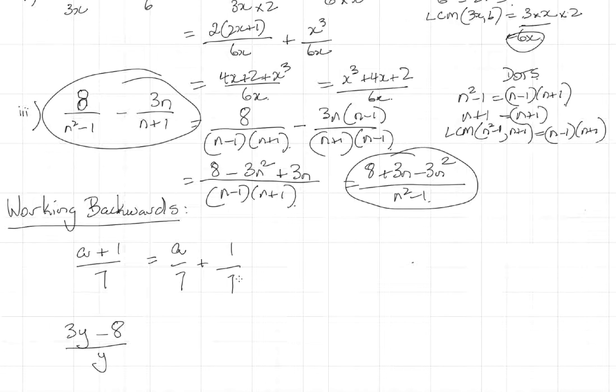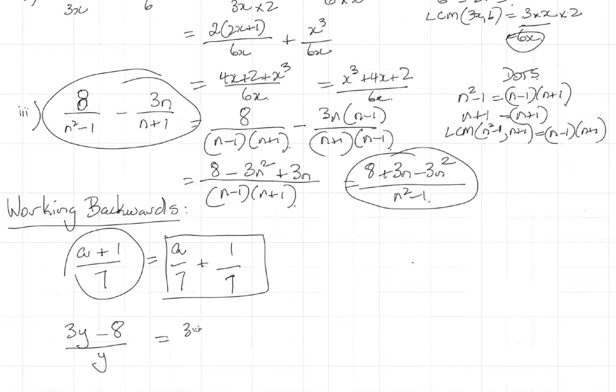Now you know from what we've just done to add those two together, because they're both 7ths, we just write the 7 down and then we just put a plus 1 on the top. But sometimes just splitting a single fraction into its individual parts will be helpful in some of the maths we do in the future.